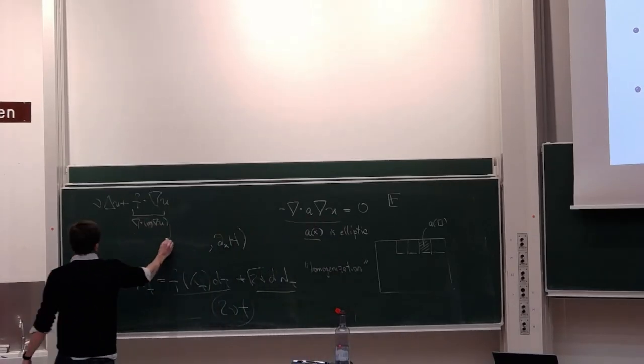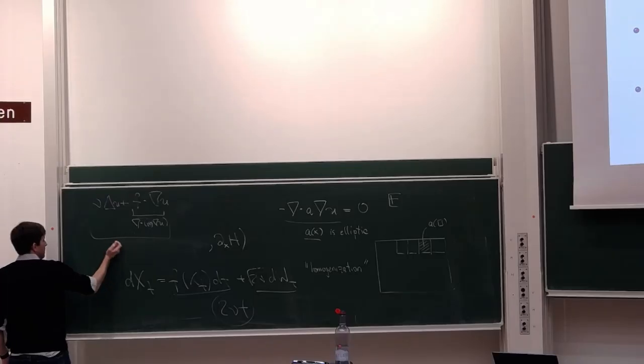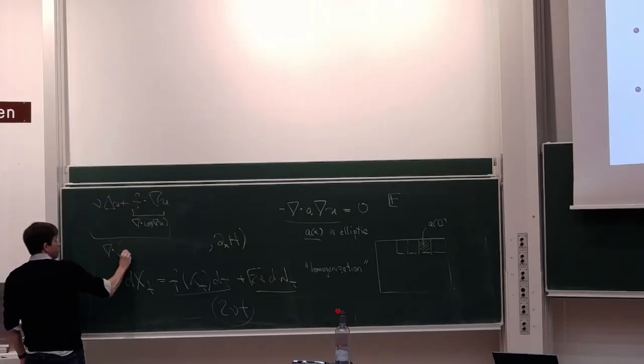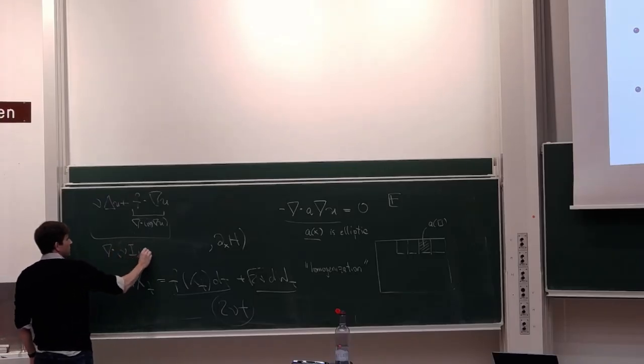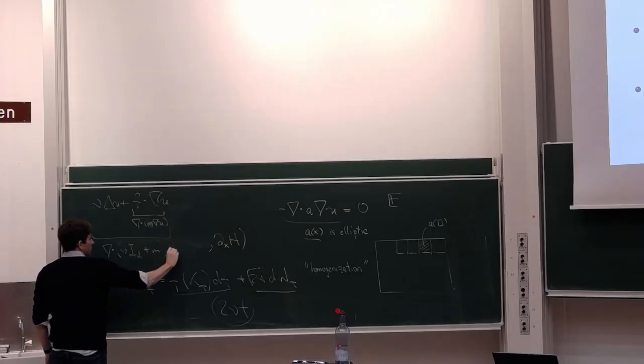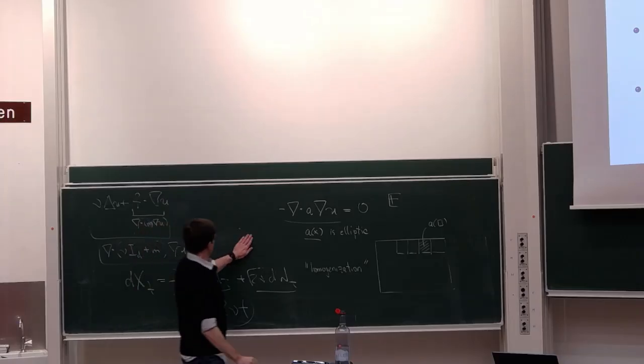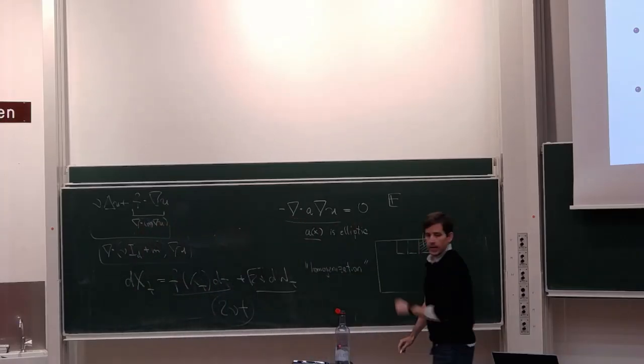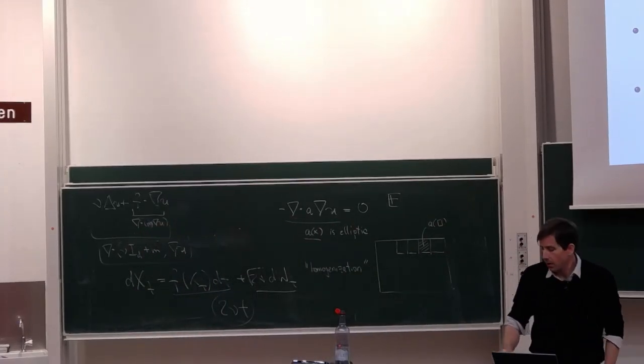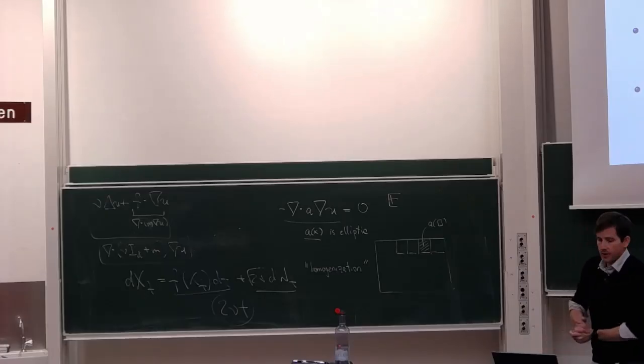And therefore, I can take the whole thing, and I can write it like divergence of nu identity matrix plus m grad u. And you see that I have my A. All the interesting part of the A is in the skew-symmetric part.